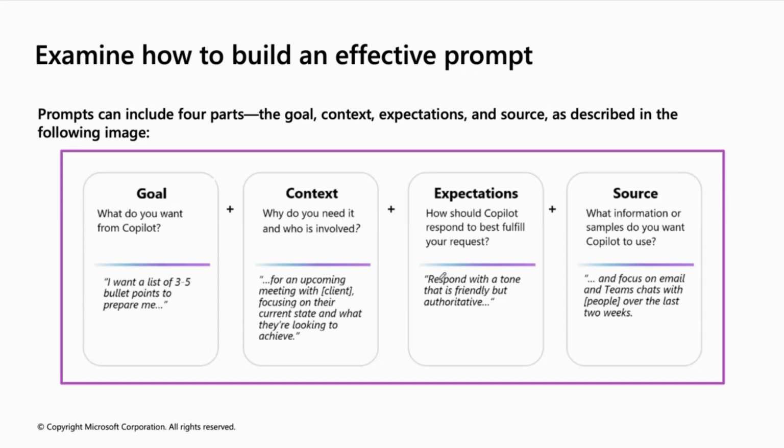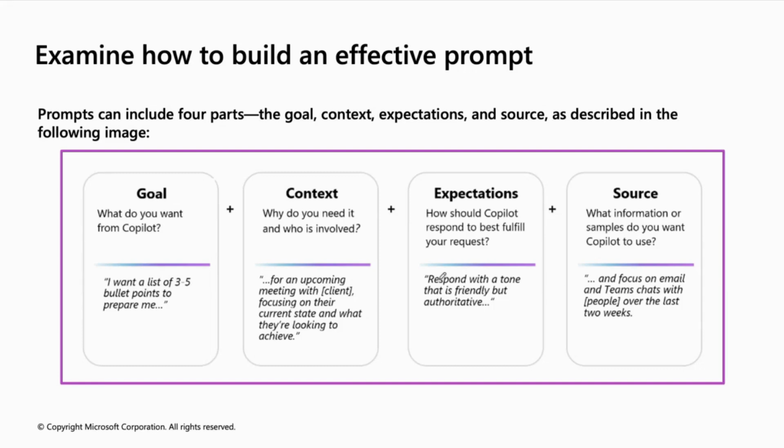Source may be any specific industry, any web URL, or people who are working in your organization. For example, I want to summarize all the emails received from Rekha. Source can be any Teams meeting, or any email you have received in Outlook. So these are the four important parts of your prompt.